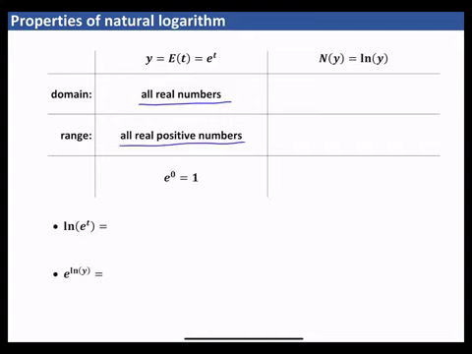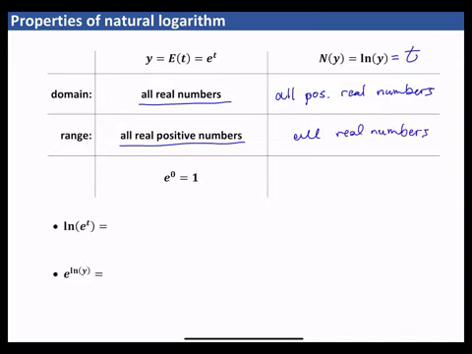Because n of y equals the natural log of y equals t is the inverse of function e, we know that the natural logarithm has a domain of all positive real numbers and a range of all real numbers.